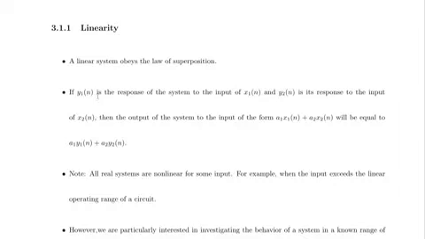If y1 of n is the response of the system to the input x1 of n, and y2 to the input x2, then the output of the system to the input of the form a1 times x1 plus a2 times x2 of n will be equal to a1 times y1 of n plus a2 times y2.